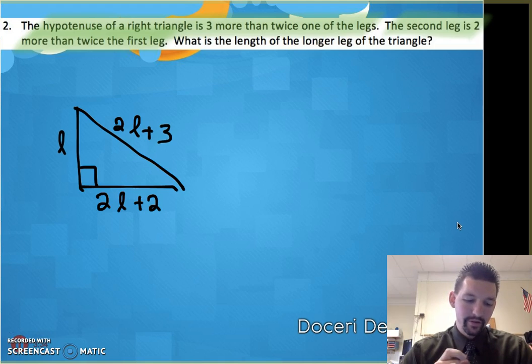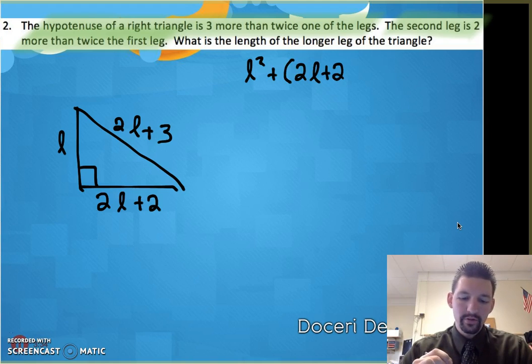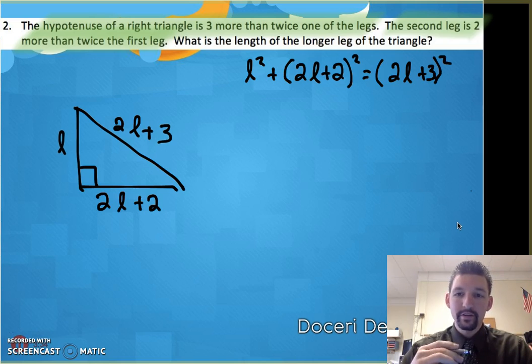So we'll have L squared plus (2L plus 2) squared equals (2L plus 3) squared. And now this is going to involve a lot of foiling and a lot of combining like terms. So why don't you pause the video and see if you can finish this one up and resume it in just a second.